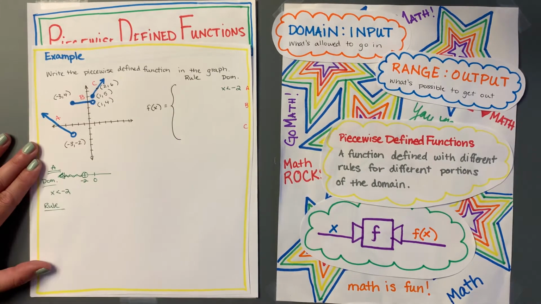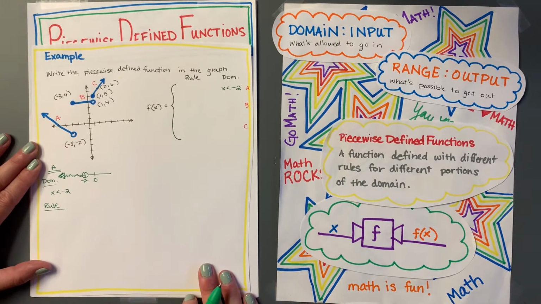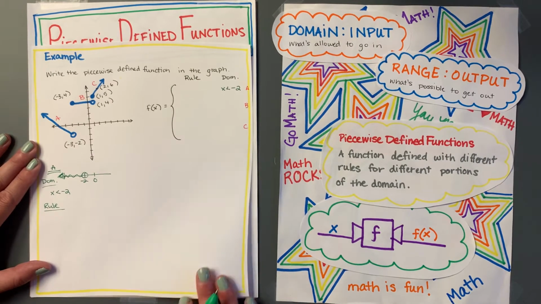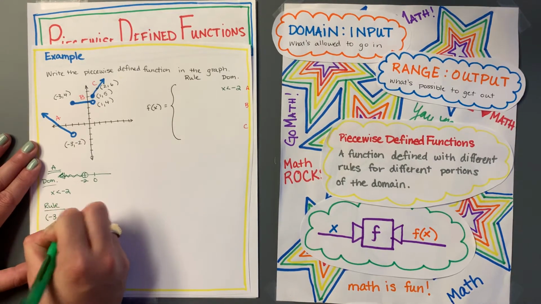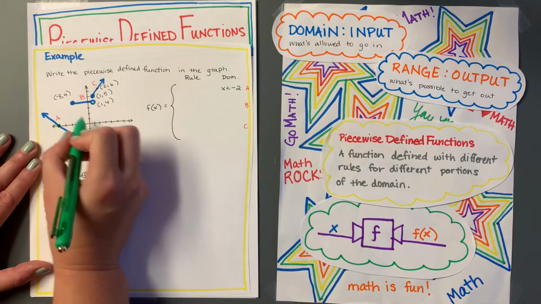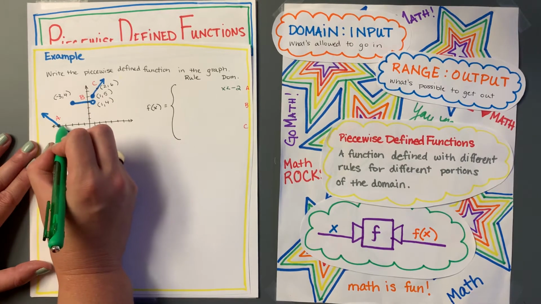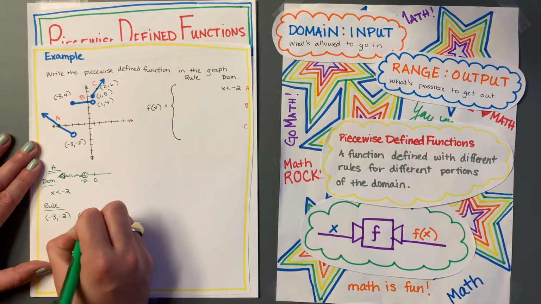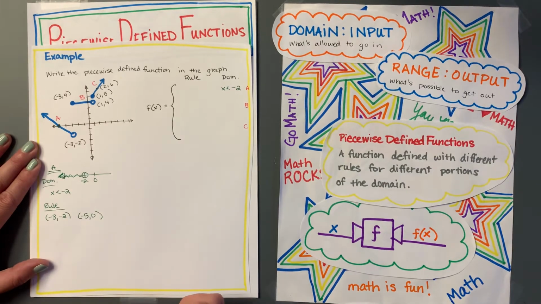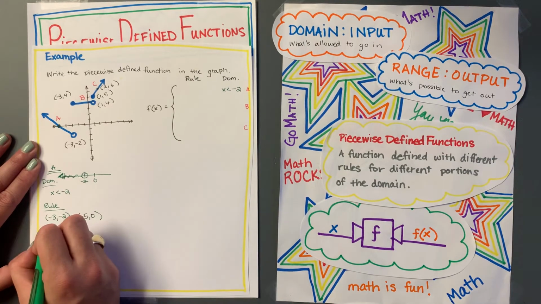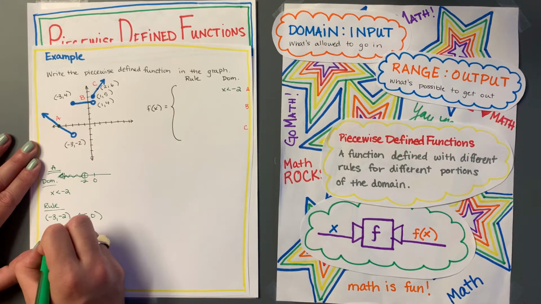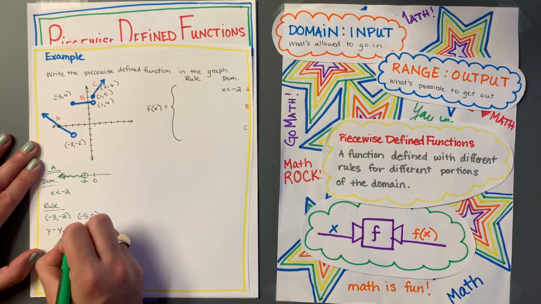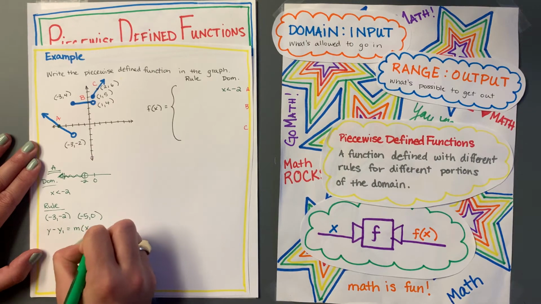So this means I need to go back and think about how to write an equation of a line. So this passes through the point -3, -2, and it also seems to pass through -5, 0. So I am going to use point slope form. So that is y minus y1 is equal to m times x minus x1.